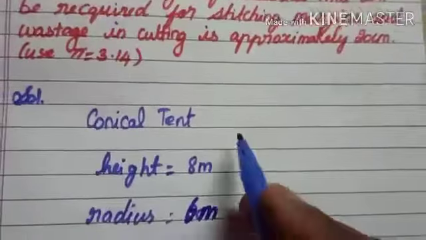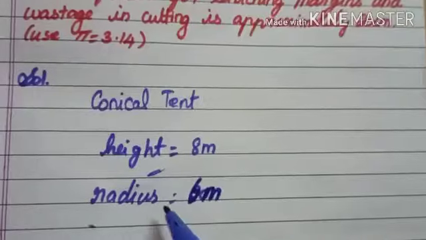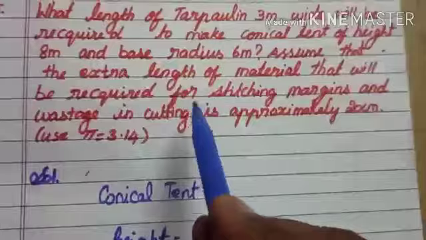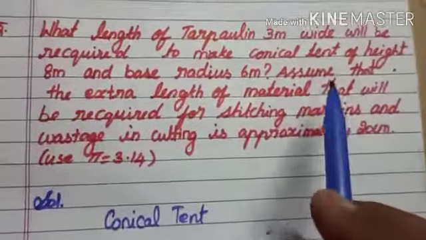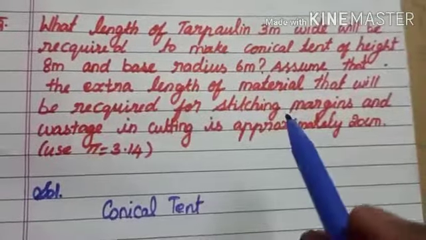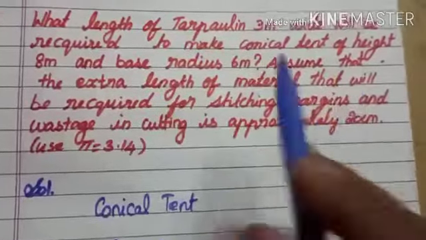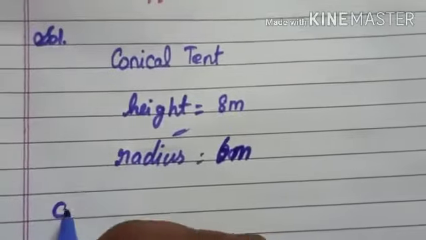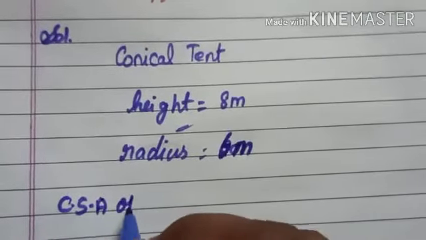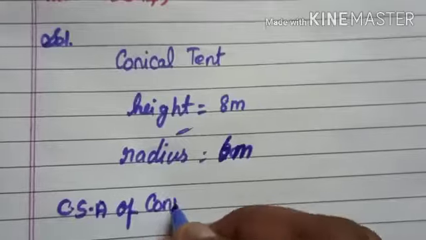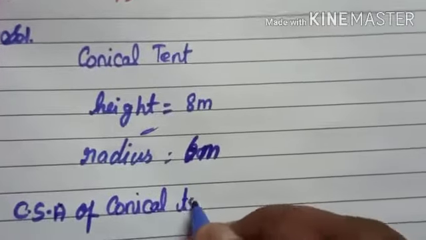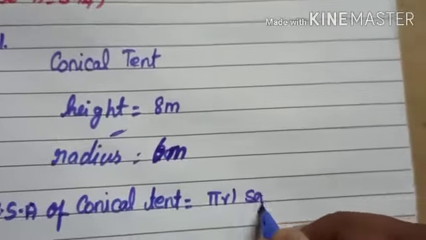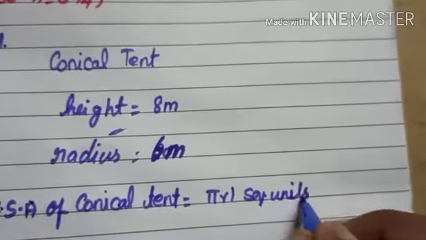So for the conical tent, the given height is 8 meter and radius is 6 meter. Before you find the total required tarpaulin, first you need to find the CSA of this conical tent. CSA of a conical tent is equal to pi r l square units.